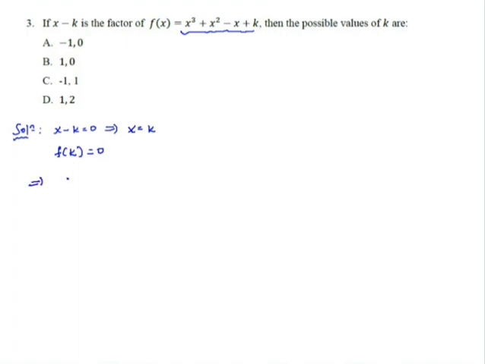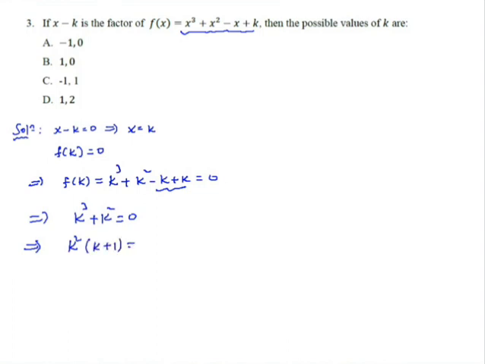So f of k is equals to 0 ማለት ምን ማለት ነው? We substitute k in the function. This becomes k cubed plus k squared minus k plus 1, plus k is equals to 0 እንደማለት ነው። So minus k plus k is 0. So ይሄ ምን ይሆናል ማለት ነው? k cube plus k squared is equals to 0 ይሆናል። So we can factor k square factor ብናደርግ ምን እናገኛለን? k squared times k plus 1 is equals to 0.